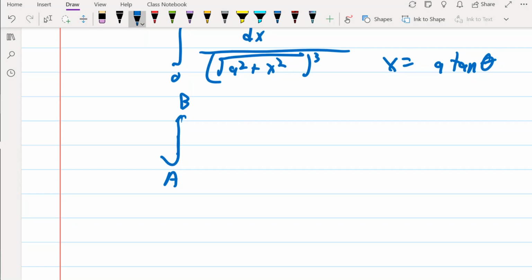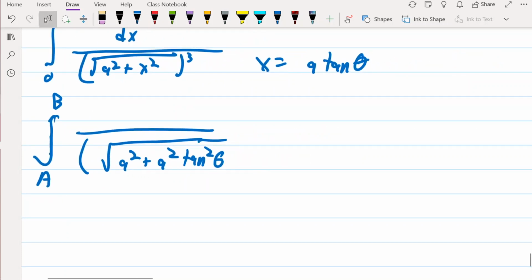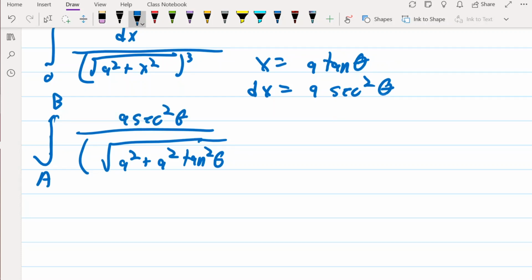We need to solve for dx in just a second. But that will give us a squared plus a squared tangent squared theta from substituting into the x squared. And our dx is going to be a secant squared theta d theta.